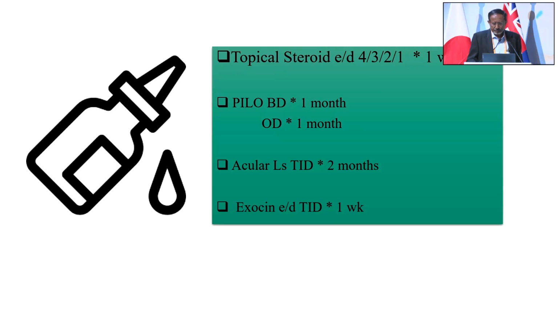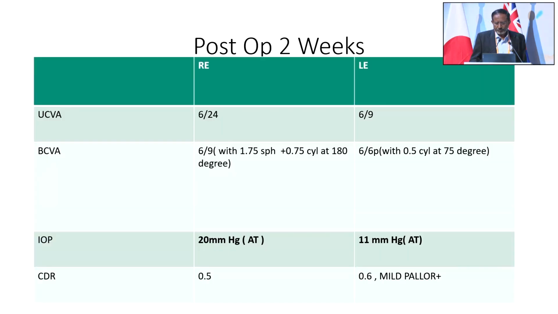Post-op medications included topical steroids, antibiotics, and pilocarpine. At 2 weeks post-op, patient had a vision of 6/6 and IOP of 11 mm mercury.